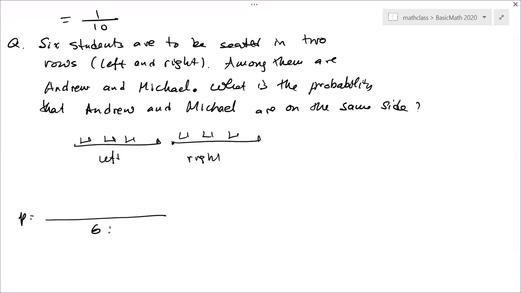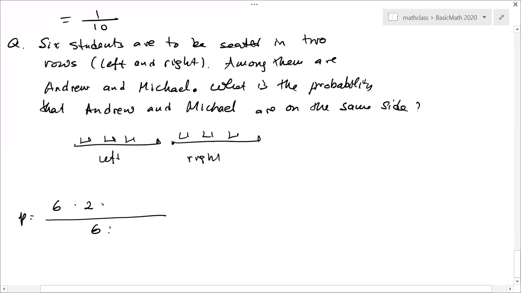What do I do? I let Andrew select the seat first. He looks at the 6 seats and can pick any of them. Andrew sits down, so he has 6 choices. That's step 1. Once Andrew chooses a seat, on the left or the right, you call Mike. Mike picks a seat, but it must be on the same side as Andrew. So only 2 seats are left for Mike to choose, so it's 2 choices.